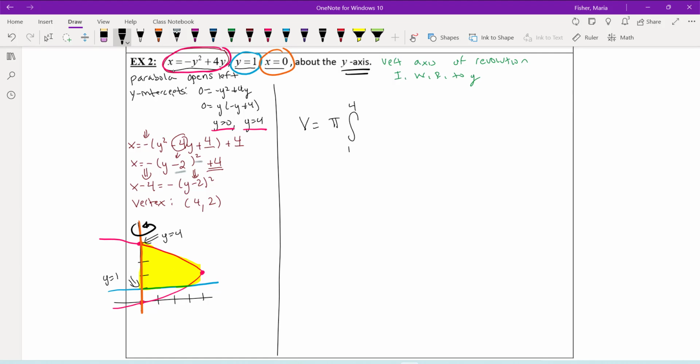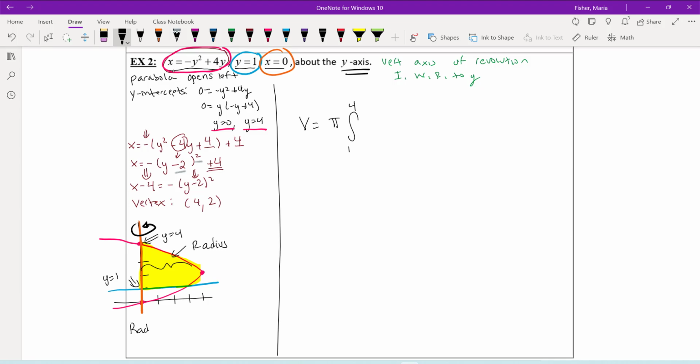Now remember, your radius is always perpendicular to your axis of rotation, and in this case, because our axis of rotation is vertical, it has to be a function of y. This right here would be my radius. Well, what's this radius? It's the distance from the pink curve to the orange curve.